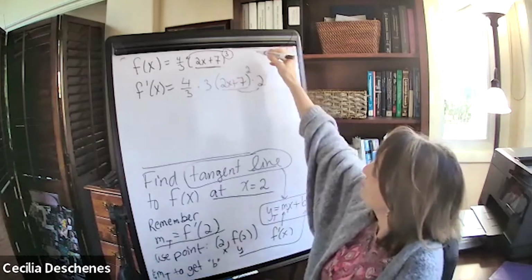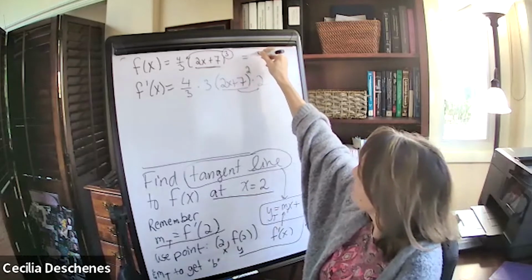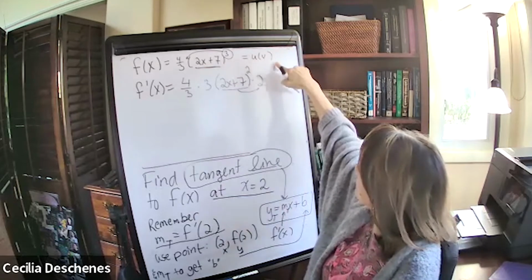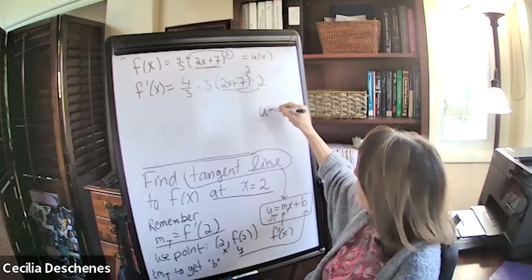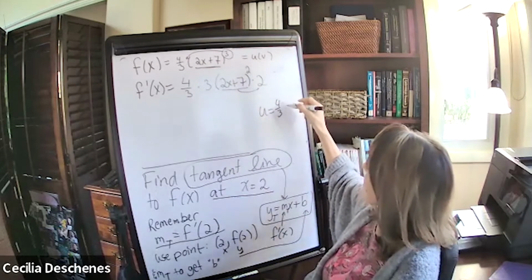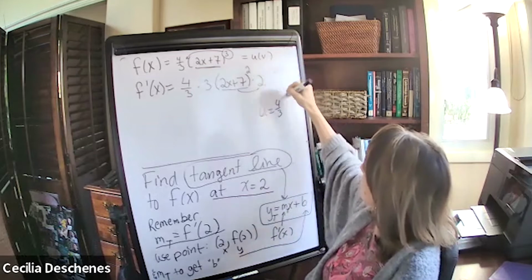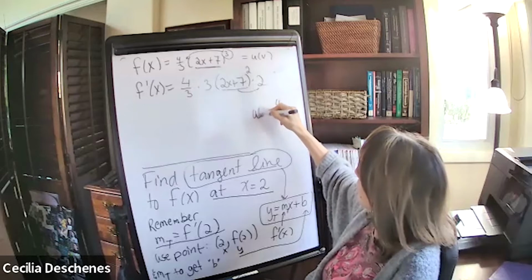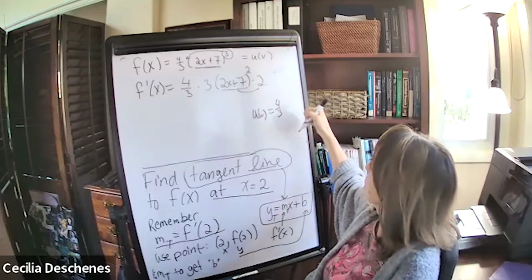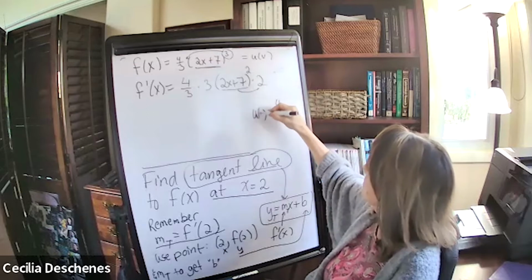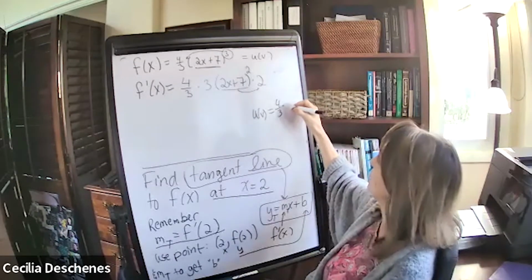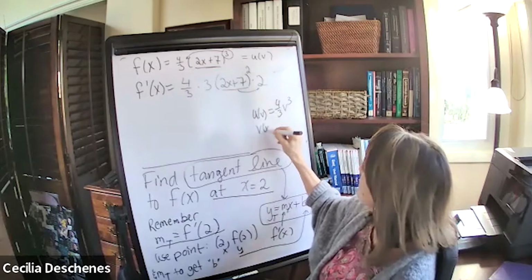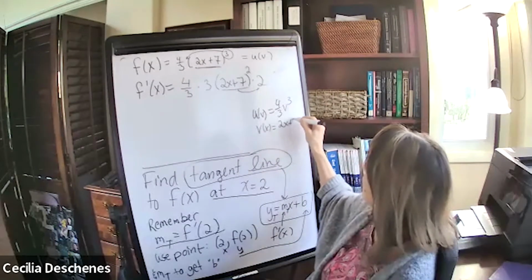If I wanted to write this as u of v, the outer function is u of v equals 4/3 v cubed, and then v of x is 2x plus 7.